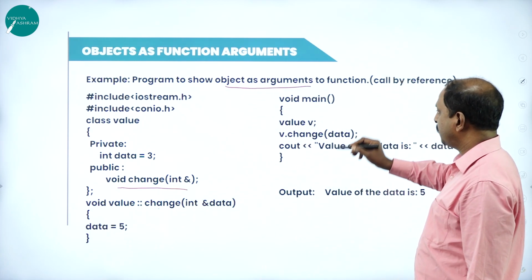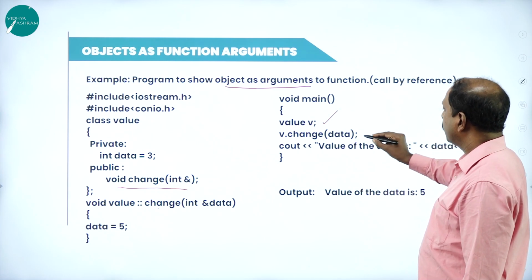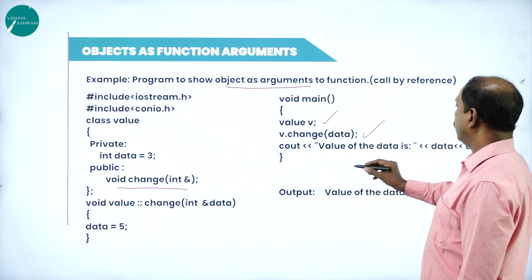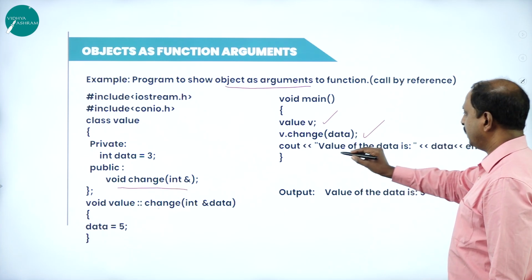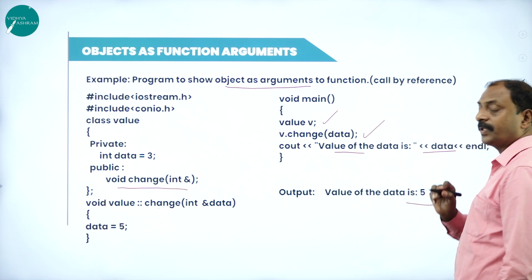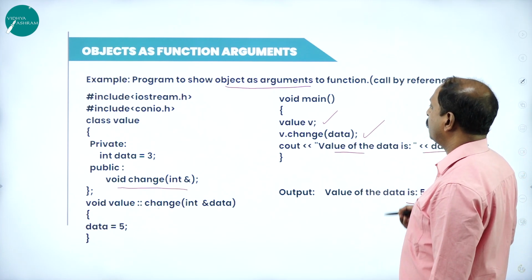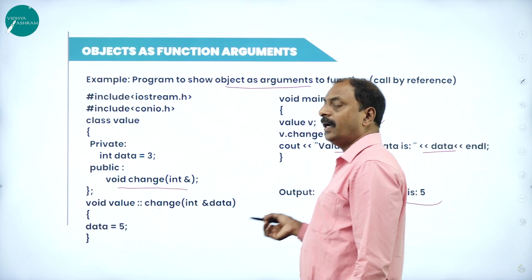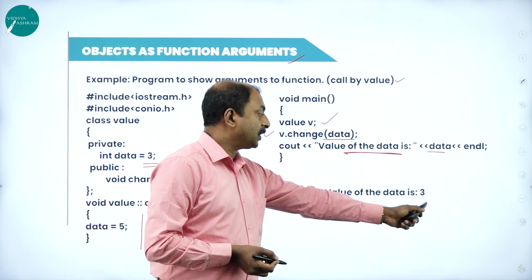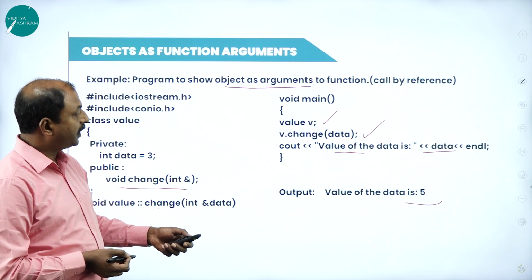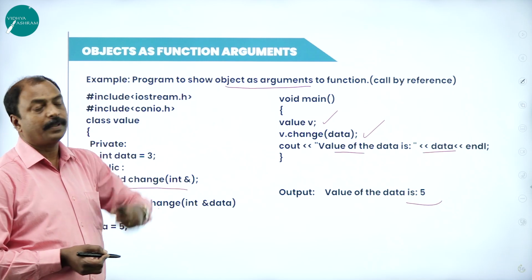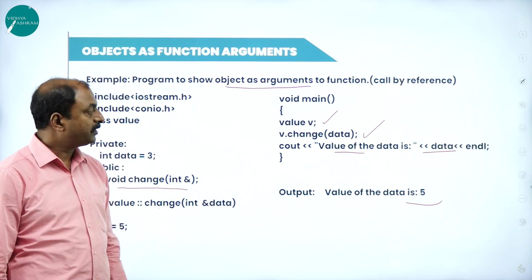Then in the main function, we create the object and invoke the function. Then if you observe, the next line is going to print the value of data as 5. Now we can note down the difference between this program and the previous program. In the previous program, the output was 3. Now in this one, the output is 5 in the pass by reference method or call by reference method.